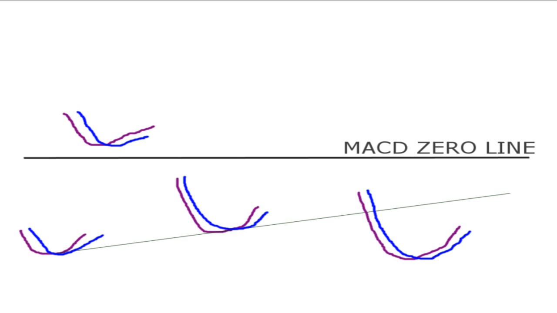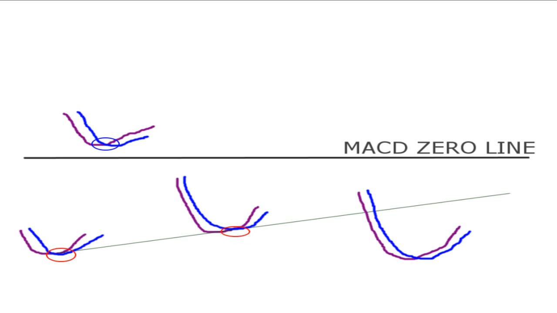A crossover is more meaningful when it is above the zero line of the MACD. So if you have a crossover and the MACD lines are trading above zero, that is a more reliable signal as opposed to a crossover that takes place when the MACDs are trading below the zero line.